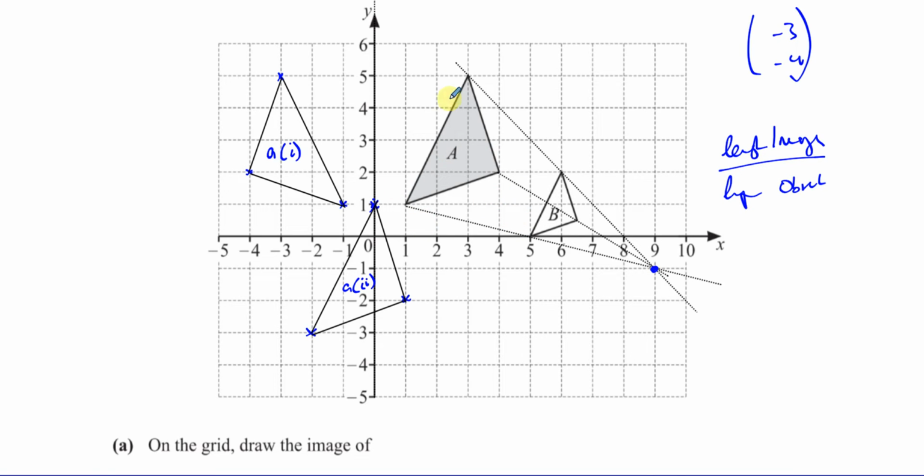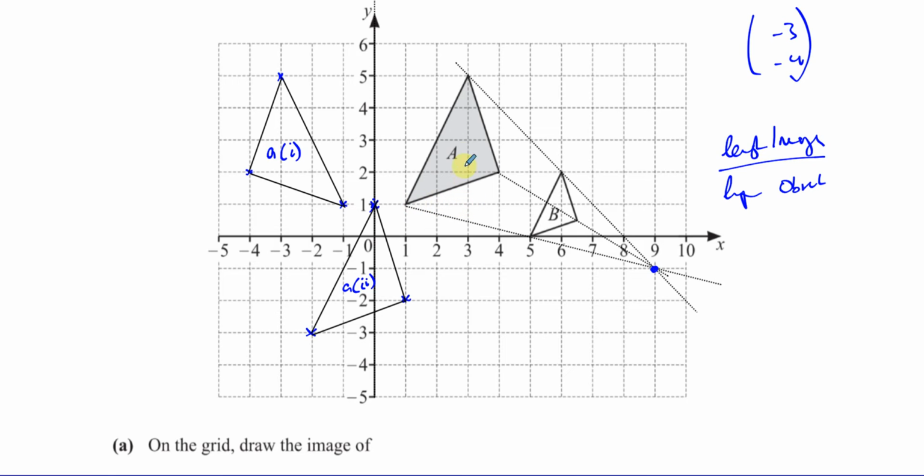Now we don't have any lengths directly, but I know, for example, that this line is the vector going from 1 to 4, which is 3, and then up 1. Or let me choose this one from there to there, no fractions involved.